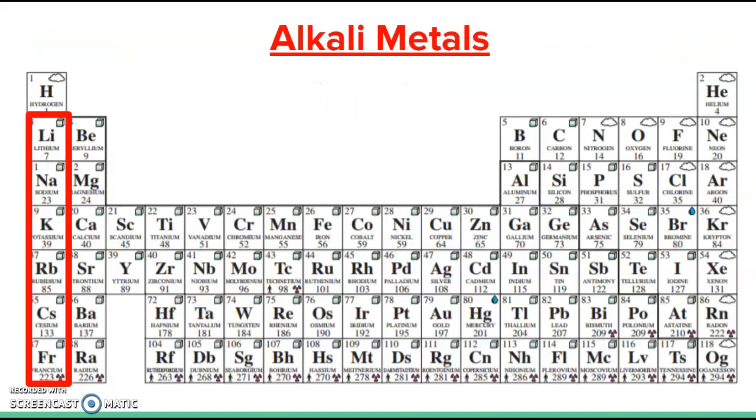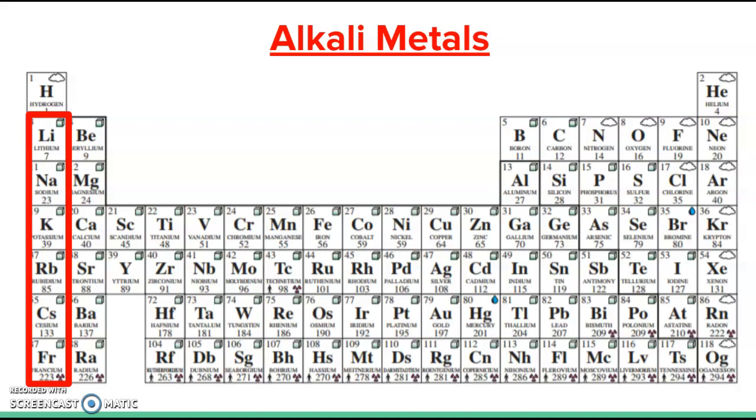There are different groups on the periodic table. Right now, I just want you to highlight each group or color in each group in a different color and make a key for yourself on that blank copy of the periodic table that you have. In class, we're going to dive more into why the elements are in specific groups and some of the determining factors that put it into that particular group.